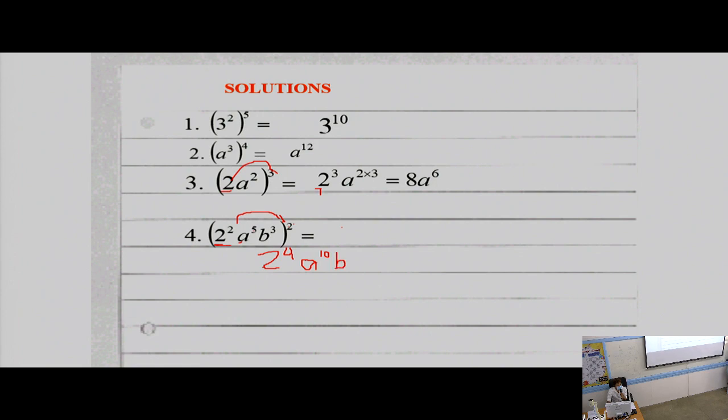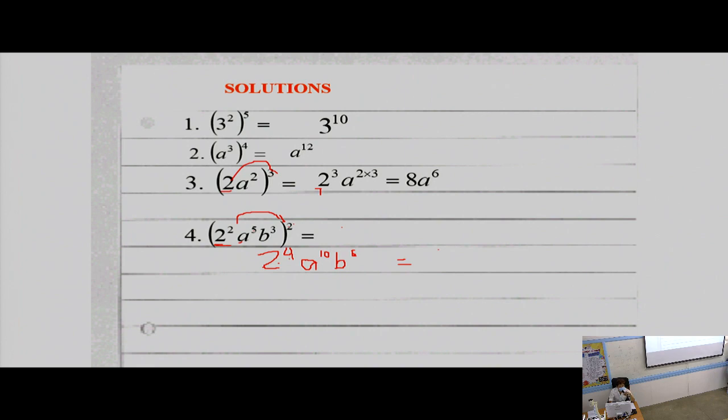Okay. Now, let's simplify. What is 2 to the power of 4? 2 times 2 times 2 times 2. That is? 2 times 2, 4 times 2, 8 times 2, 16.